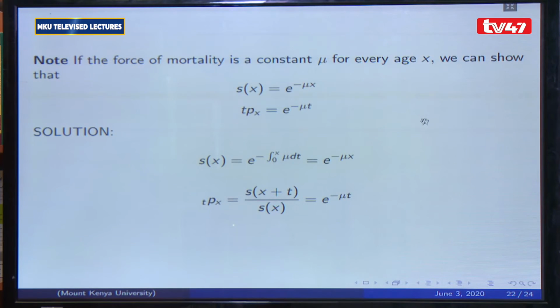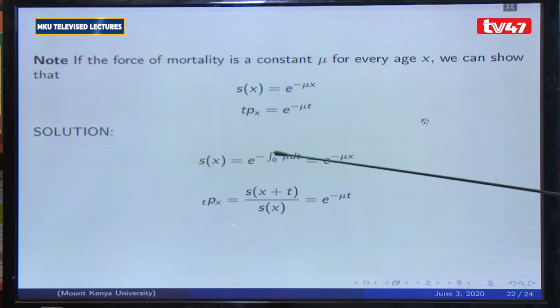So note that if the force of mortality is constant for every age x, it is possible to show that Sx is equal to e to the power negative mu x, and tpx is equal to e to the power negative mu t. This should be a subscript t here. So the solution is as given.